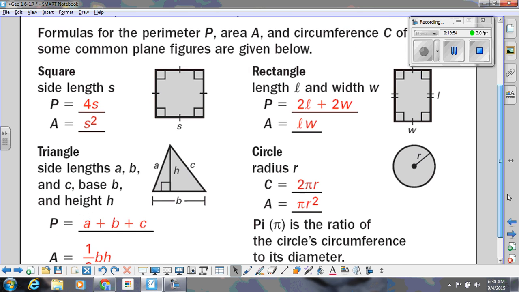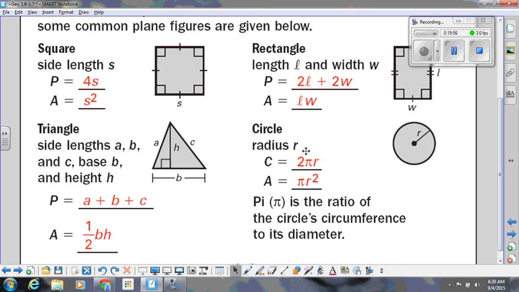So for a square, remember that yes, we can just add up all the sides for perimeter, but since all the sides are the same, they're all S, we can use 4S instead of just adding up all the sides. Same thing with area. I can do length times width, but I know since they're the same thing, that's just side squared.